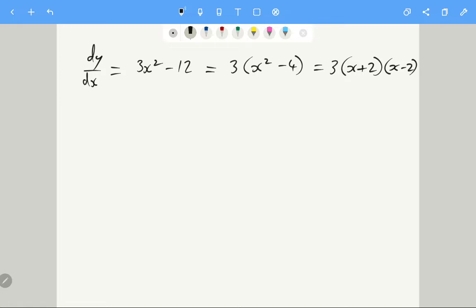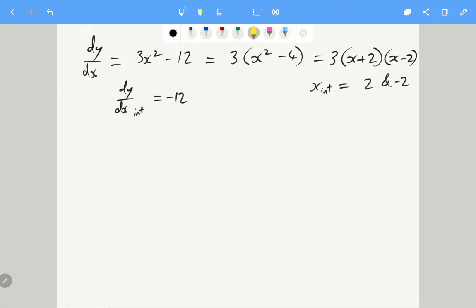And that is the fully factorized form, which means that my x-intercepts are going to be 2 and negative 2. And based on the original function, my dy dx intercept is going to be negative 12, because when x is 0, that's just going to be equal to that.